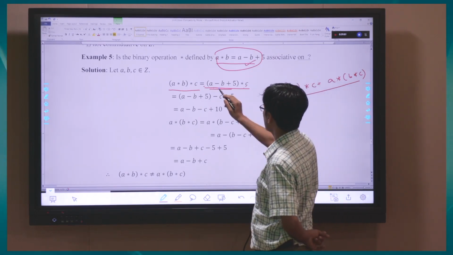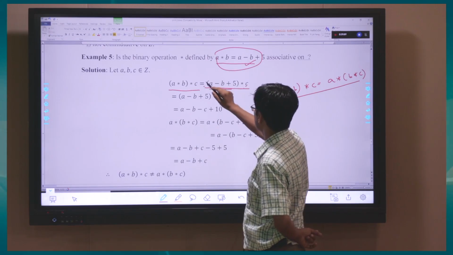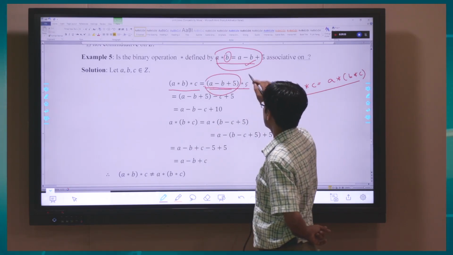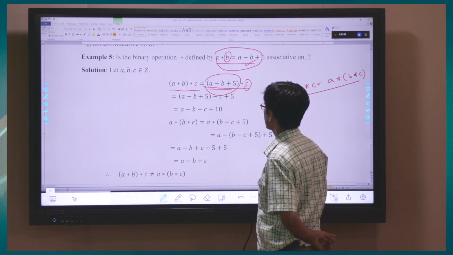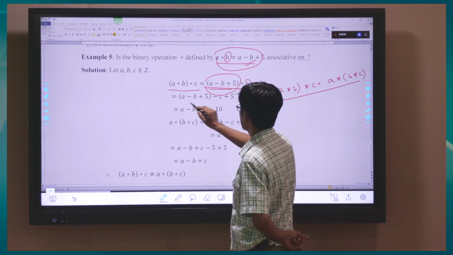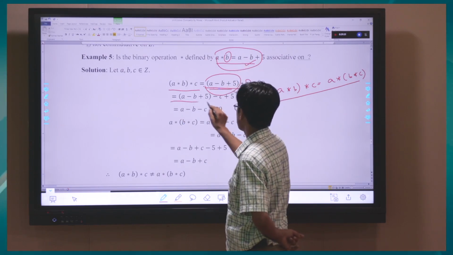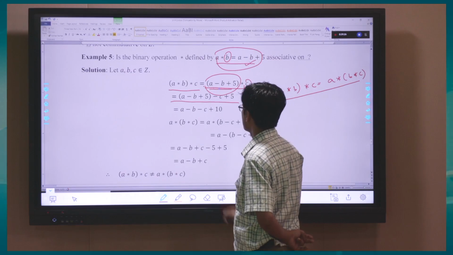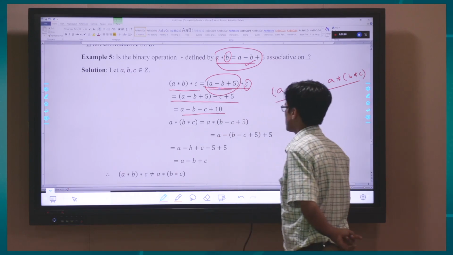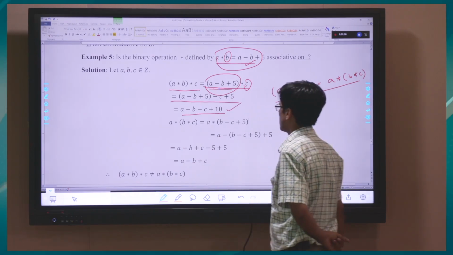So in this case, A will be A minus B plus 5 and B will be C. Accordingly we put these elements in this result: A minus B plus 5 minus C plus 5. So A minus B minus C plus 10. After simplification we get this result.